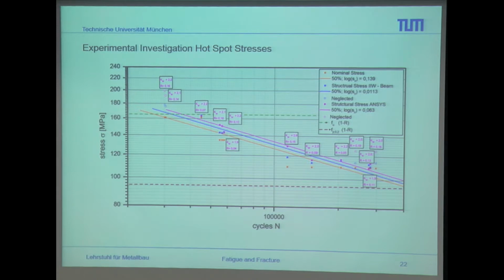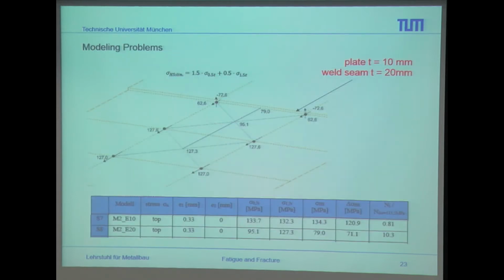So for a 10 millimeter plate, really small, but already you can see the benefits you get due to the structural stress concept. You get a better approach, but at the same time, you have to know more about your system, more about the tools you're going to use.